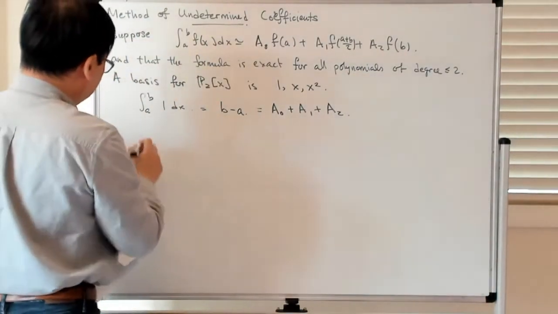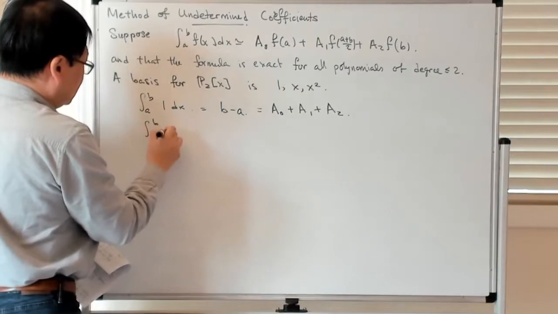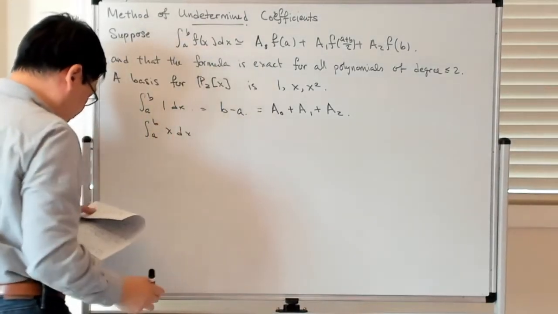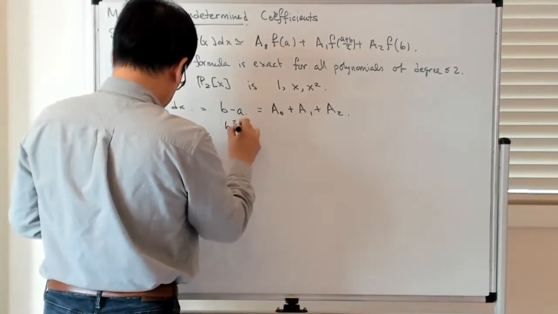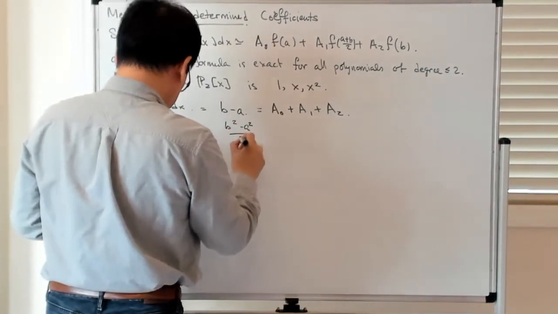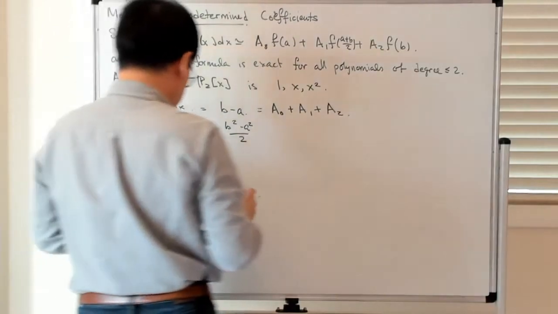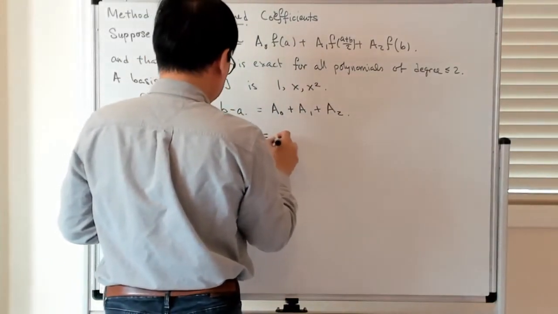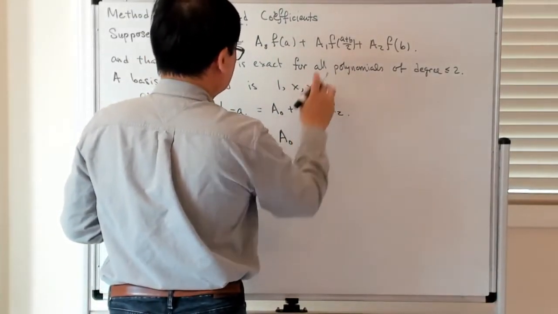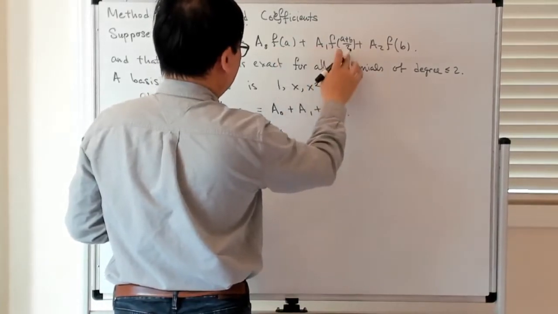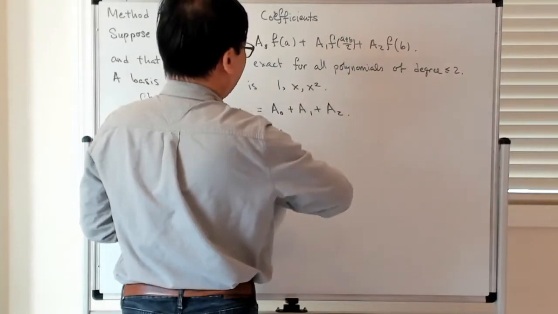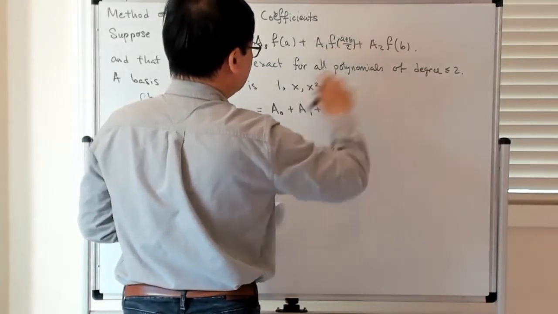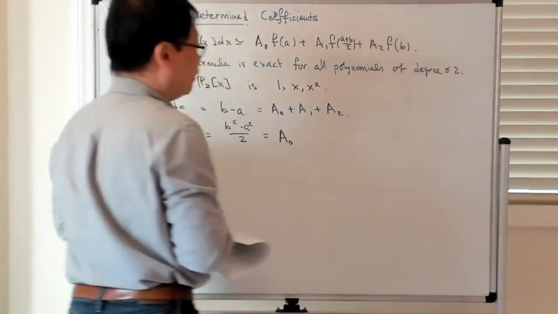Then the second equation is the integral from a to b of x dx, which we know is b squared minus a squared over 2. So that's equal to a0 times f of a plus a1 times f of (a plus b)/2 and a2 times f of b.